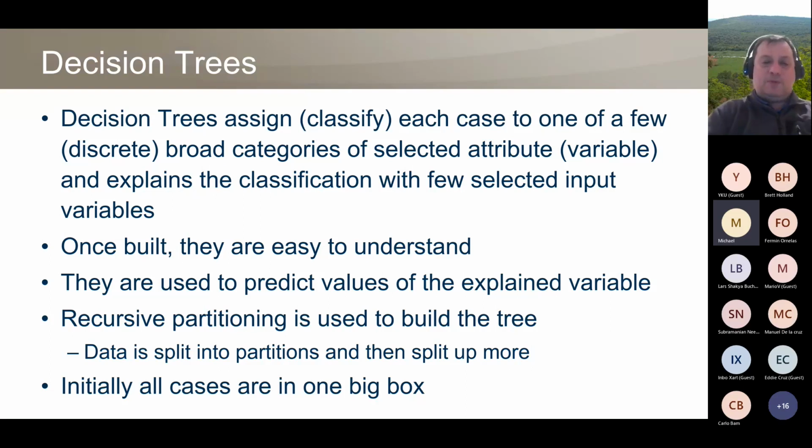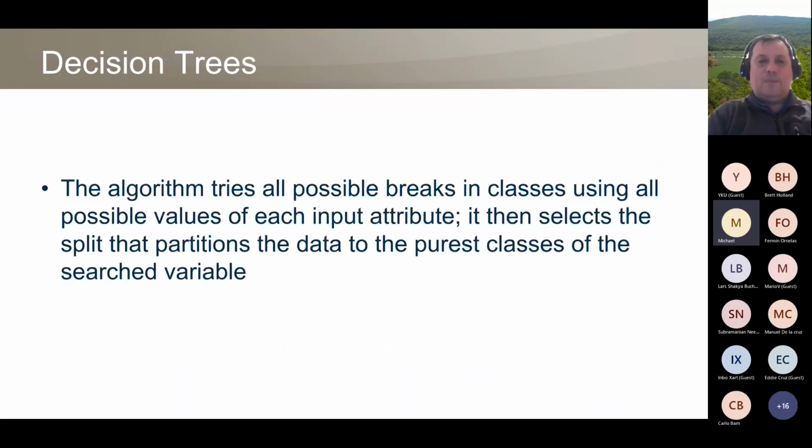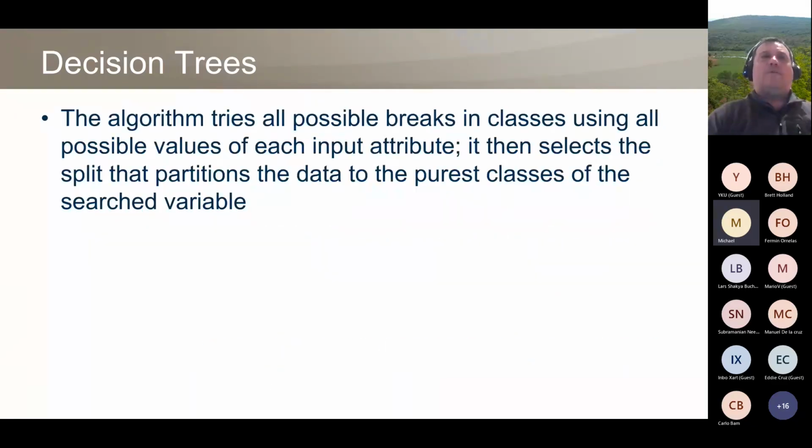So this simply means you split the data into partitions and then you split up more. So you start with all cases in one big box, and then we use every single input variable and split these cases in classes of input attributes, and then we decide which split is the best based on purity of distribution of target variable.